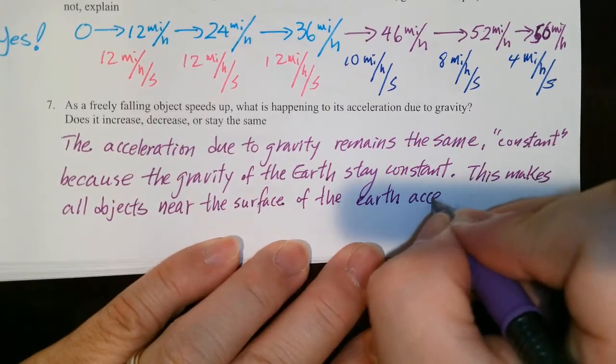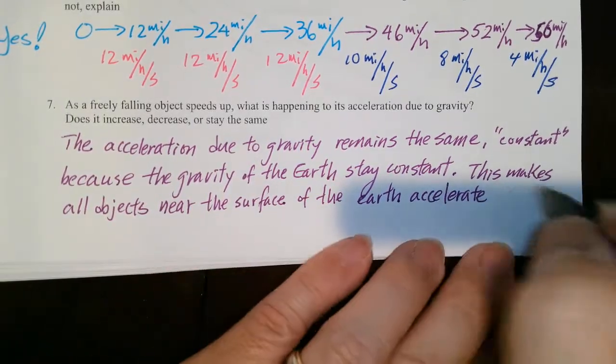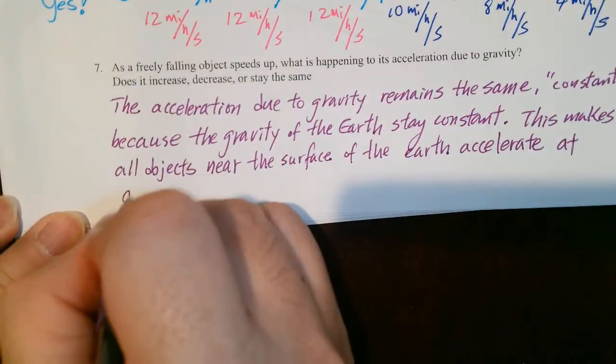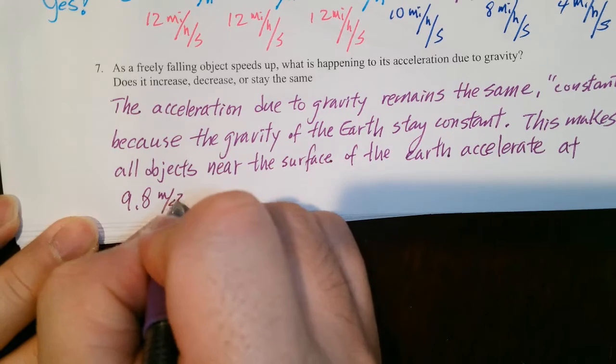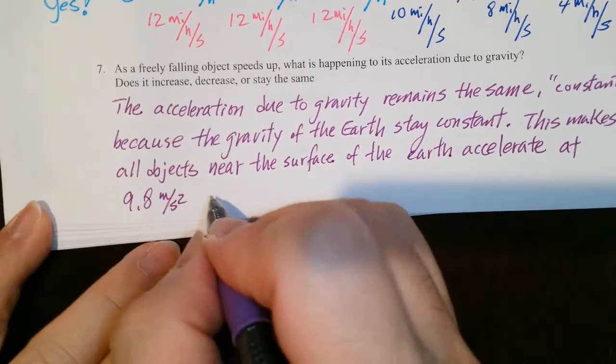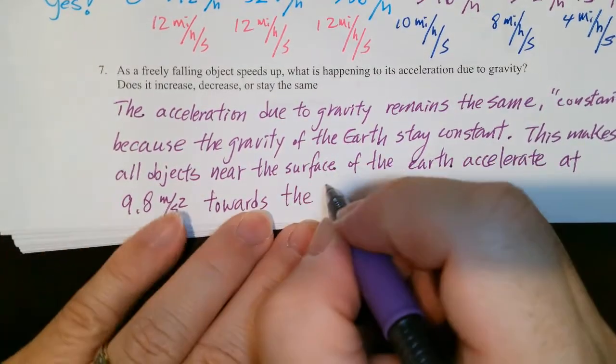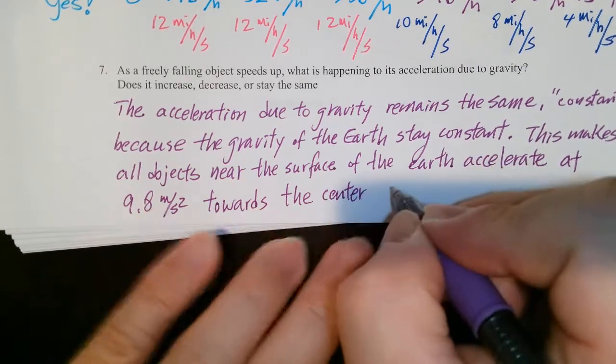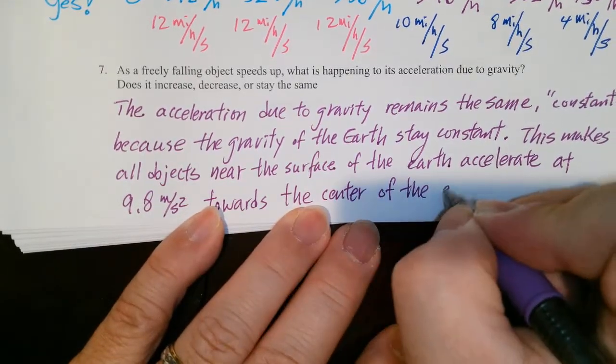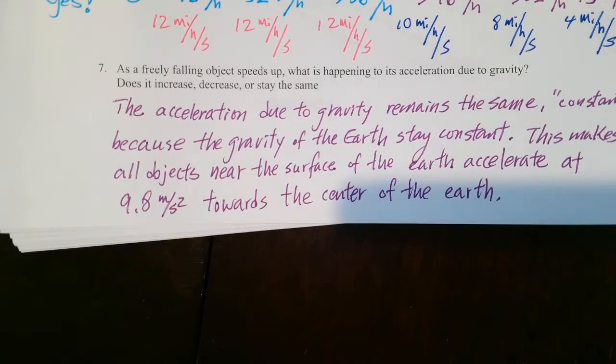Accelerate at 9.8 meters per second every second towards the center of the Earth. Because if we say down, I mean, what about the people in Australia? Their down is our up, right? So it's really towards the center of the Earth, because their down should be for everyone on Earth. It should be towards the center of the Earth.